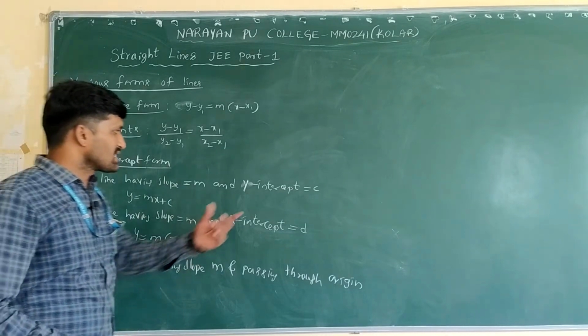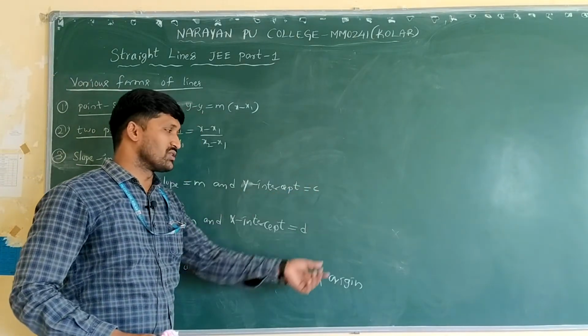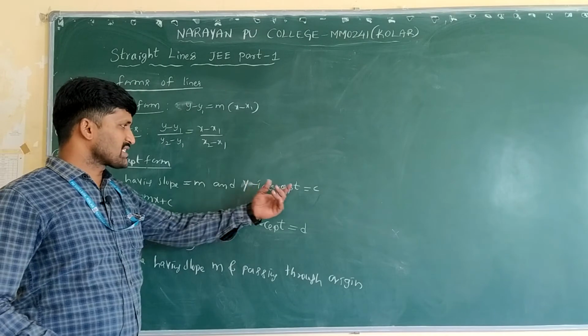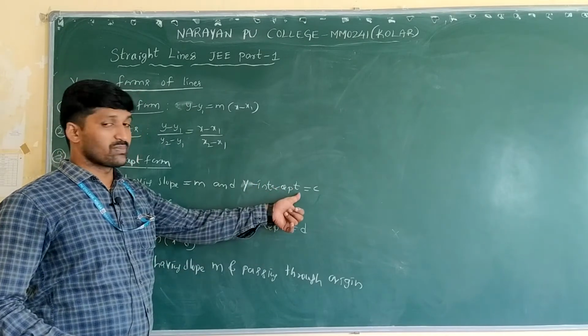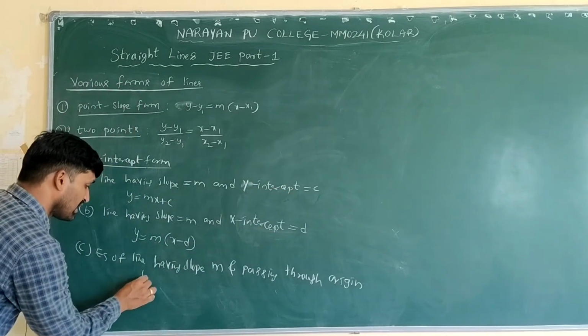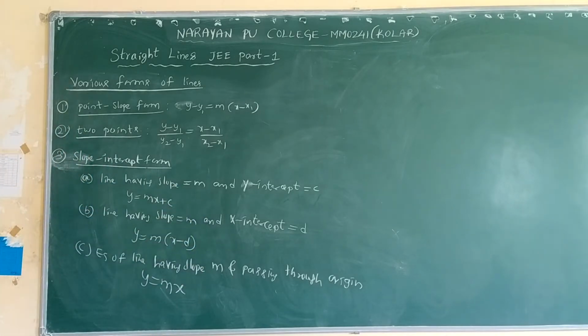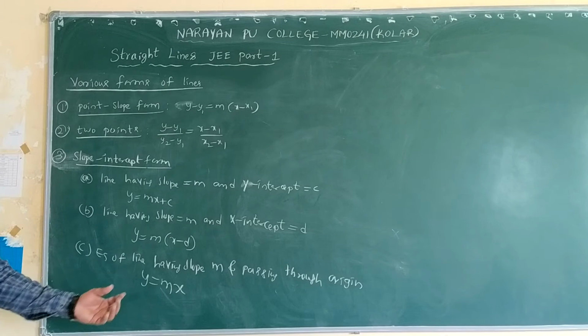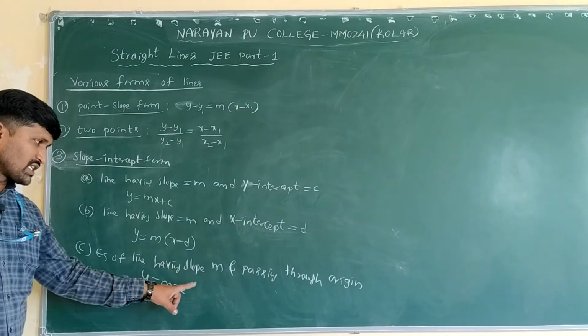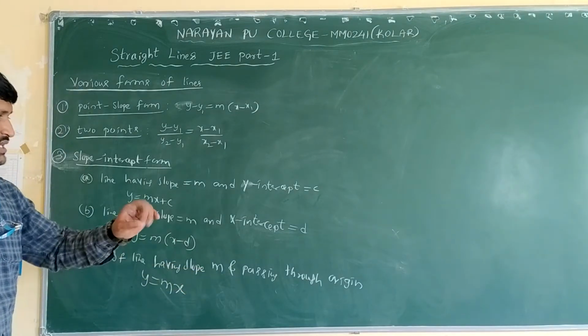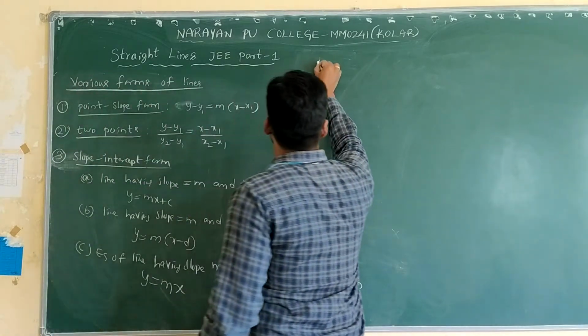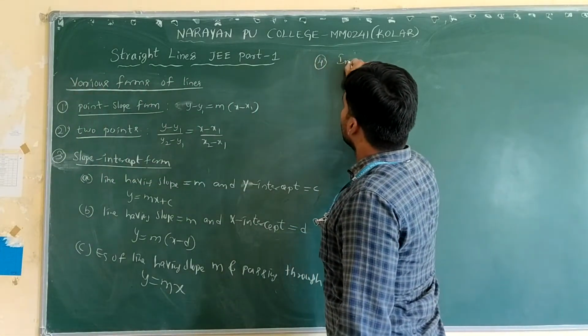That's why the intercept value becomes 0. That means both x-intercept and y-intercept become 0. Then the equation of line is y is equal to mx, where m can be either negative or positive. So y is equal to mx is a line which is passing through the origin and having slope m units.